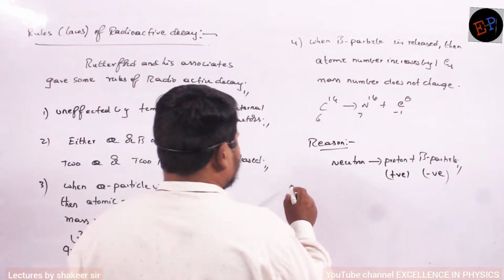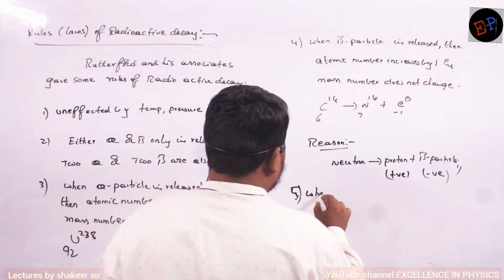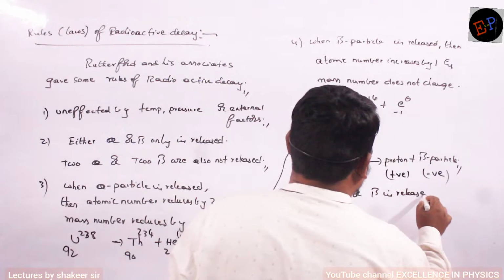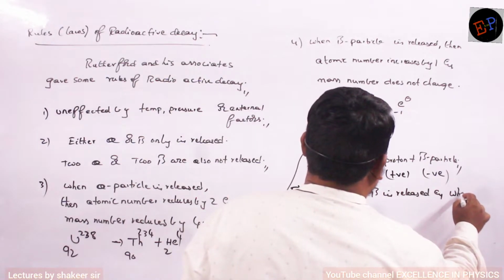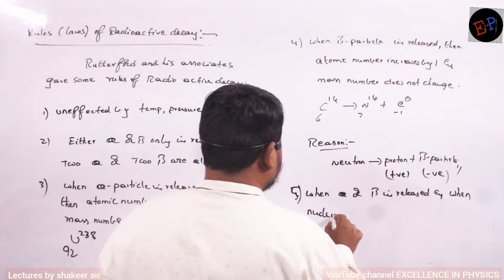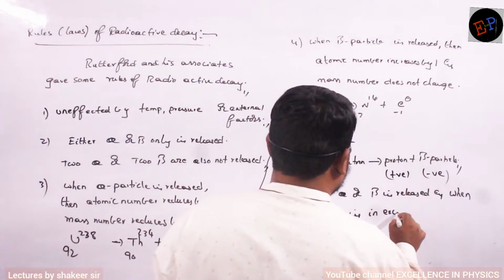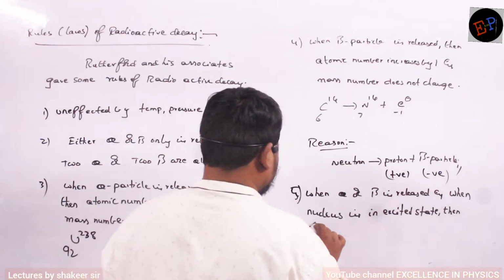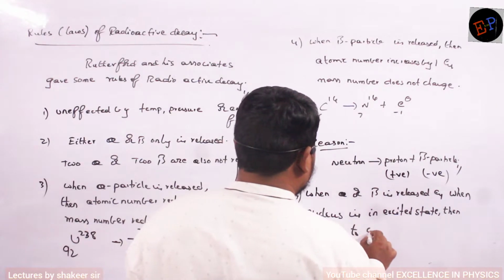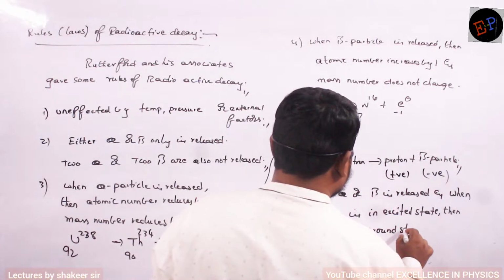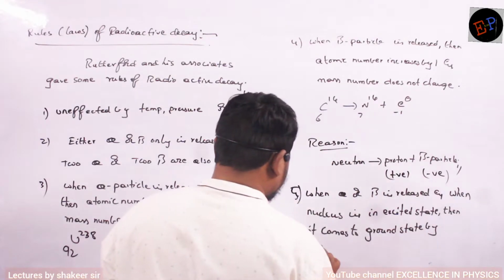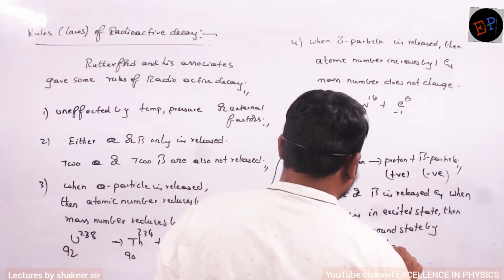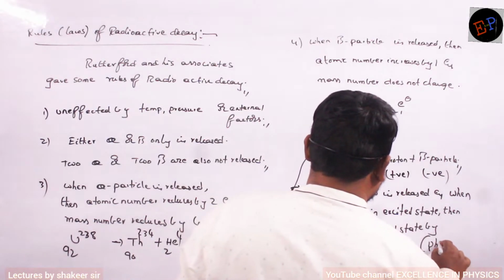Next, the fifth one. When alpha or beta is released and the nucleus is in an excited state, then it comes to the ground state, which means the normal state, by emitting gamma radiation, that is in the form of a photon.